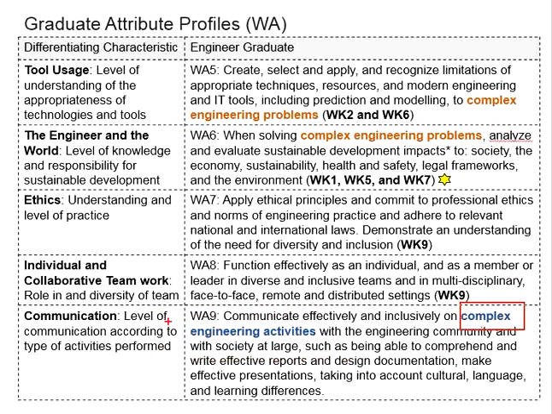This complex engineering activities is not just any activities. The activities need to be engineering related, and it is not just any engineering activity. It should have an adequate level of complexity. That's why it is termed complex engineering activities.